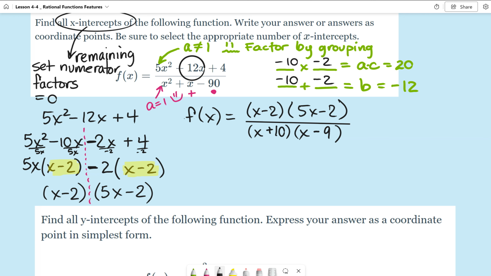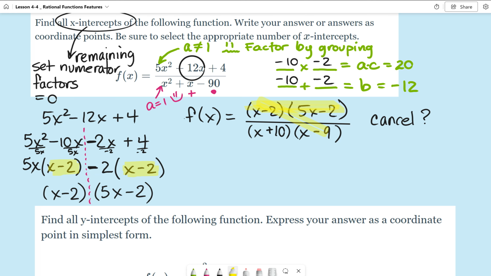All right? So I look at this and I try to see, can I cancel anywhere? Always look for opportunities to cancel. Cancel, question mark. And in this case, nothing canceled. So my remaining numerator factors are these right here.